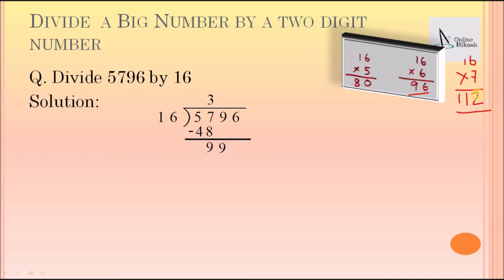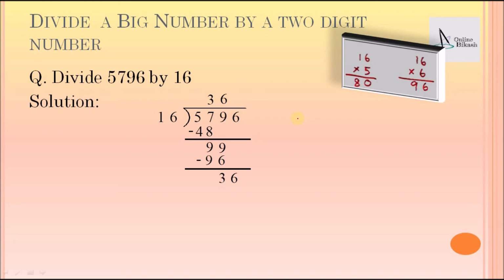So 96 will be the best option for us. So 16 6s are 96. Now we will write 16 6s are 96, and if you do the subtraction, then you will have 3. Now we will bring down that 6. And remember, we are not left with another digit in the dividend, so we can stop here.